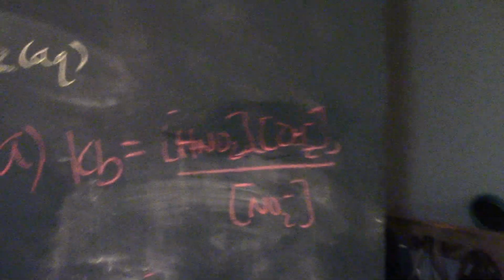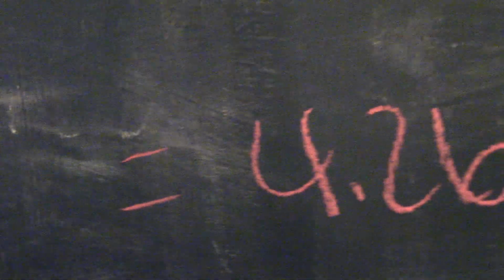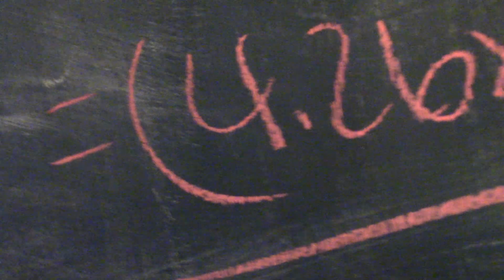Okay, so that's my Kb. So at equilibrium, that's going to end up being 4.26 times 10 to the negative 7 squared over 0.09999.